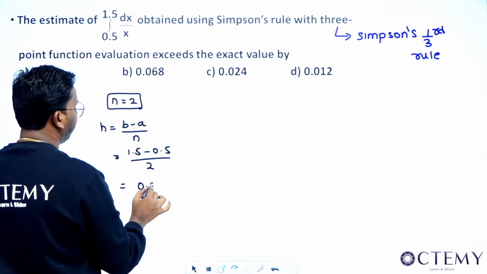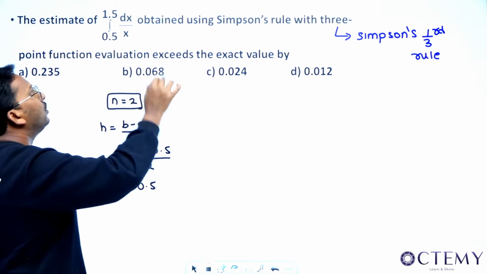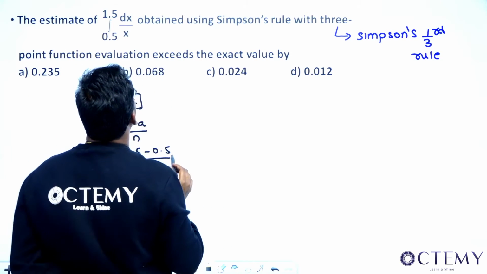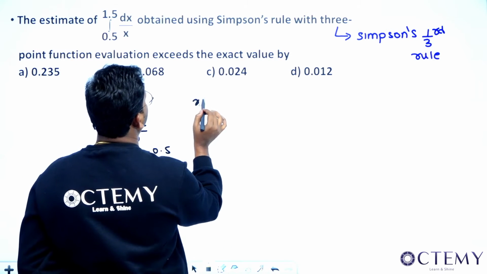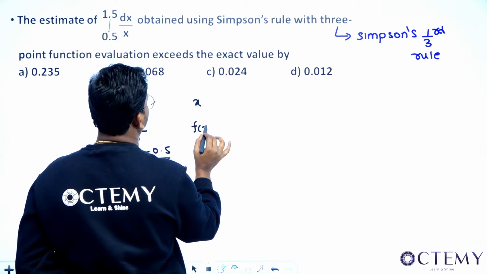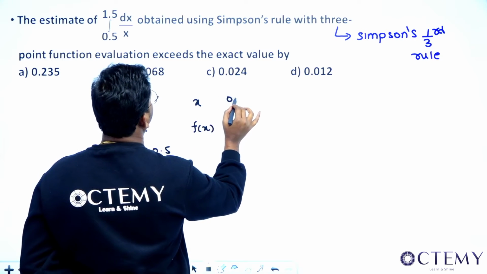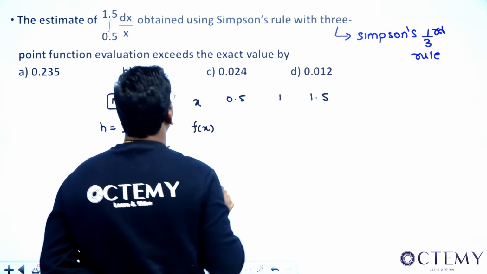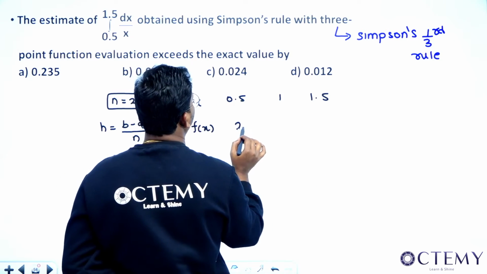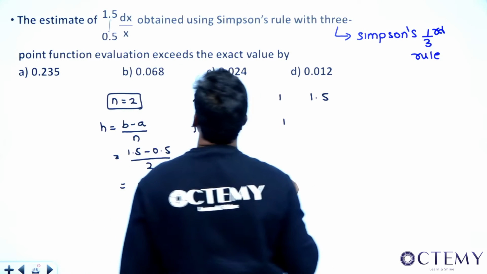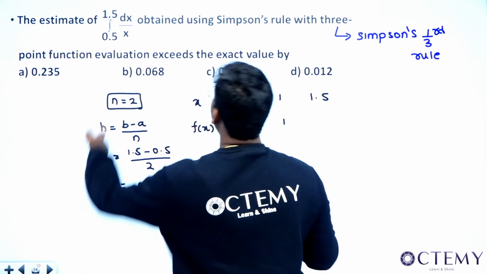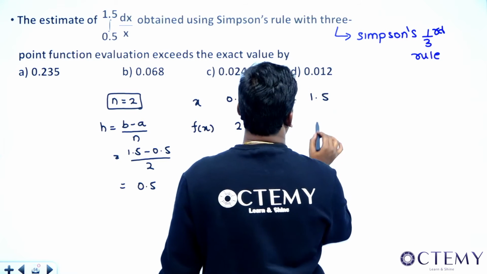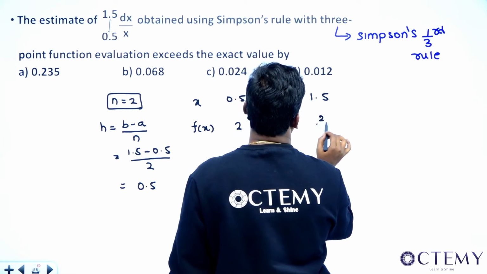So h will become 0.5. That's why it will become 0.5 to 1, 1 to 1.5, like that. So your x and f of x: this would be 0.5, this would be 1, this would be 1.5. Because your f of x is 1 by x, 1 by 0.5 is 2, 1 by 1 is 1, and 1 by 1.5 will become 2 by 3.